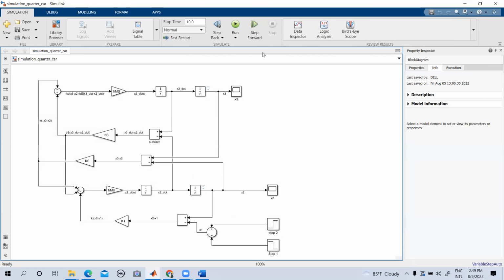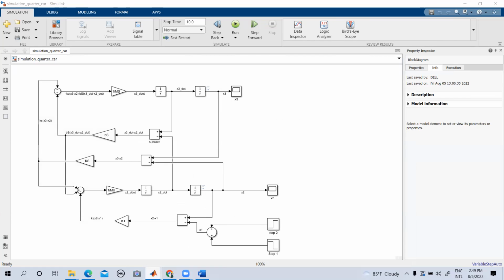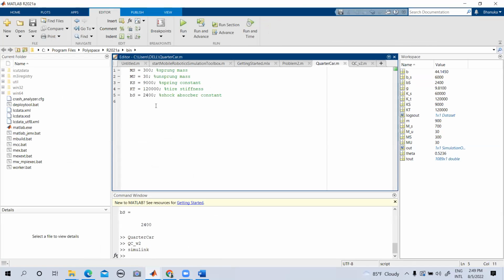So if I simulate this, I have to run the code. The parameters given are these, and they are given in the lab sheet. This is the mass of the sprung part, the unsprung mass, or the wheel. Then the spring constant, the tire stiffness, and the shock absorber, which we can call the damping coefficient, right?